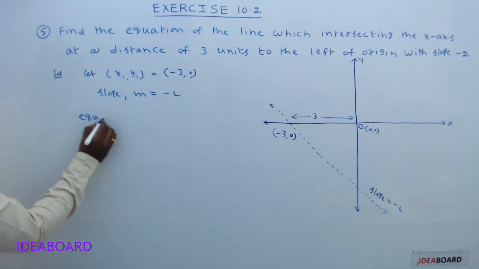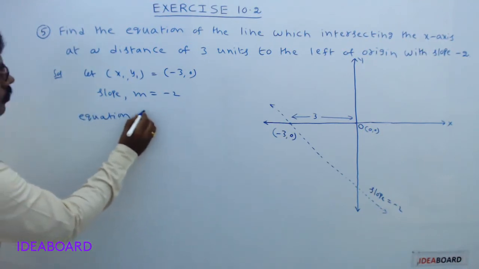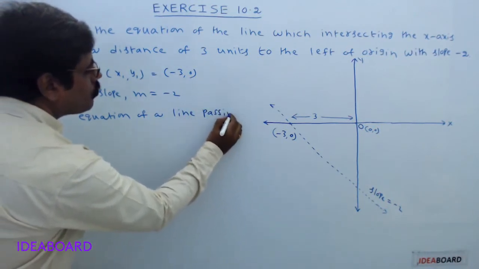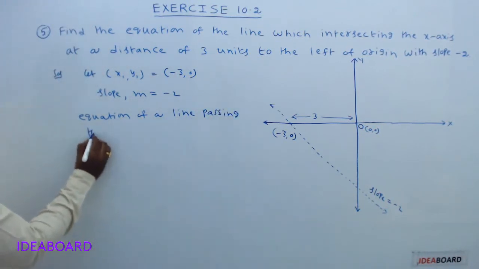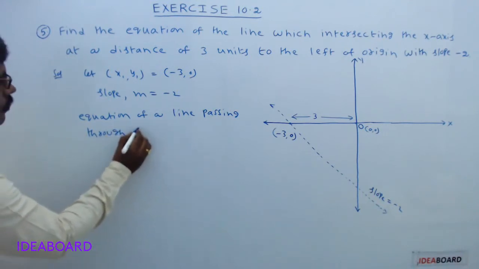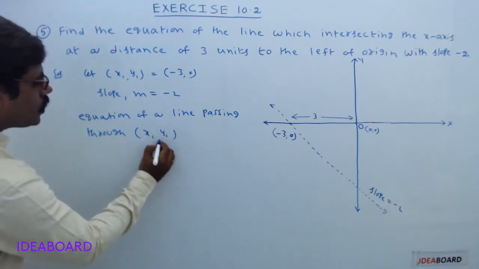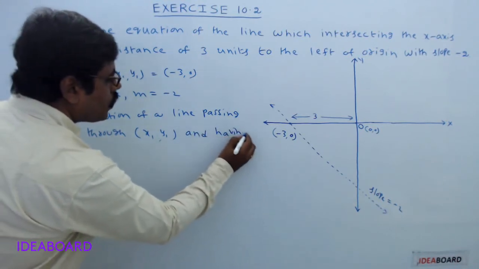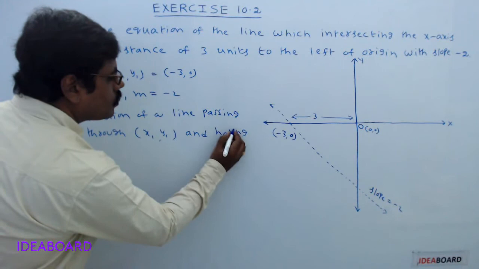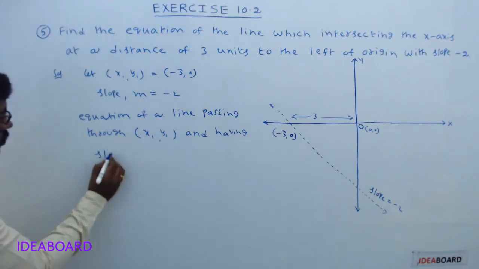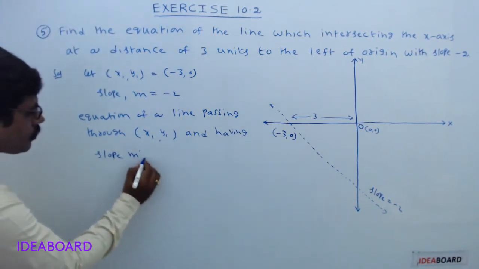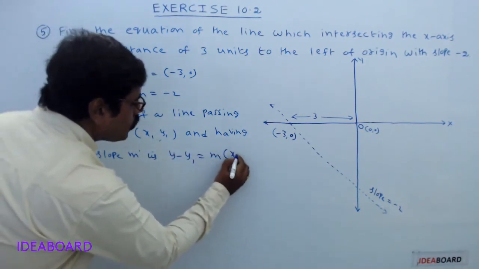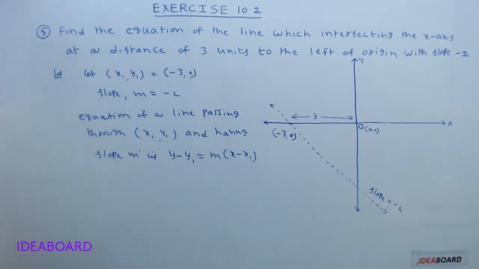So the equation of a line passing through x1, y1 and having slope m is y minus y1 equals m into x minus x1.